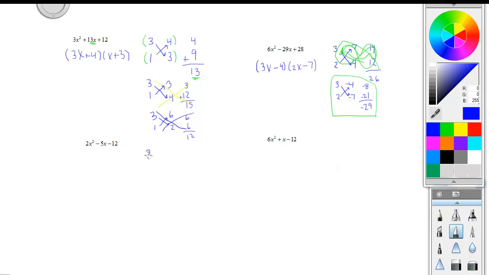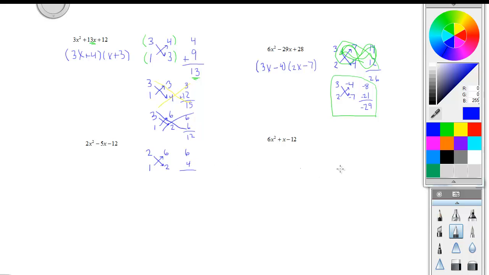This one will be 2 times 1, and then, I don't know, let's try 6 and 2. Now they have to multiply by a negative, so when you go to check these, you're going to have to pay attention to the fact that they will be different signs when you combine them. So this will be 6 and 4, and if I combine these, making one of them negative, I will not get 5.